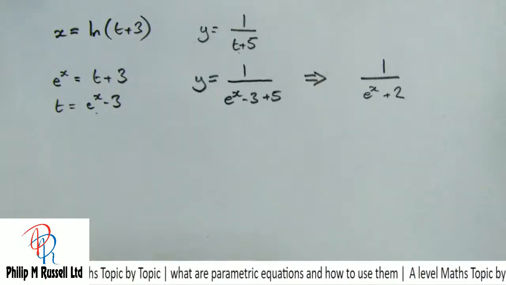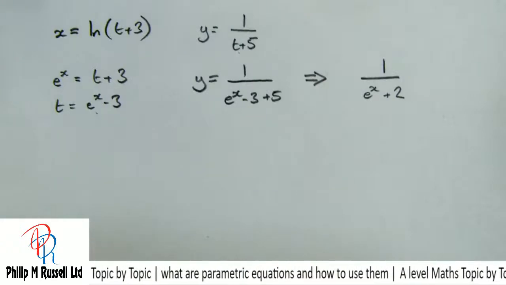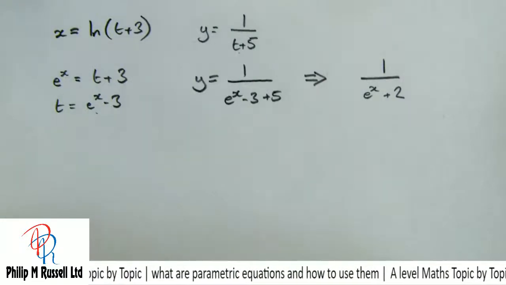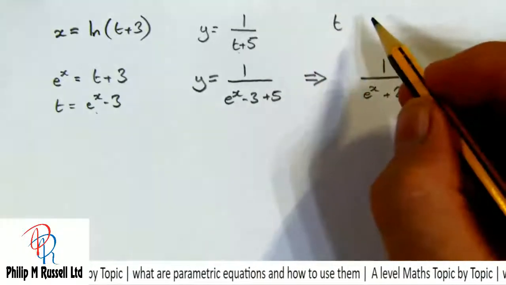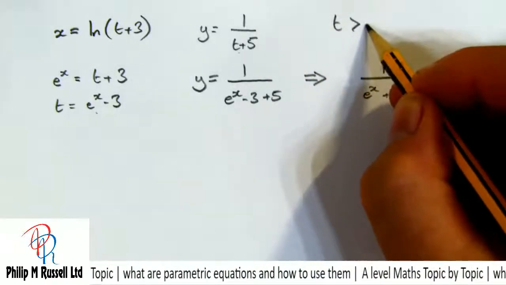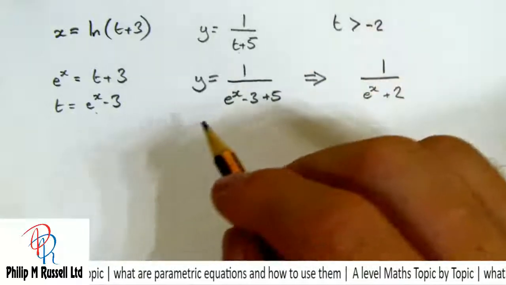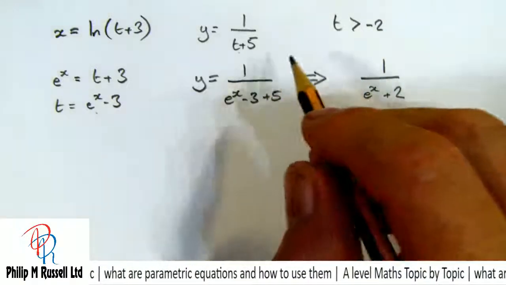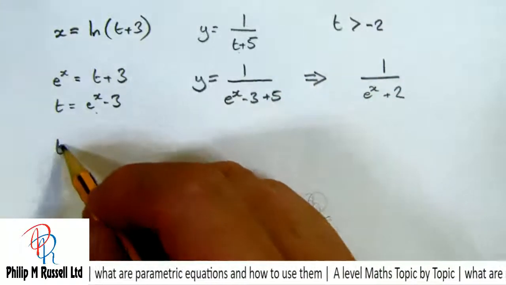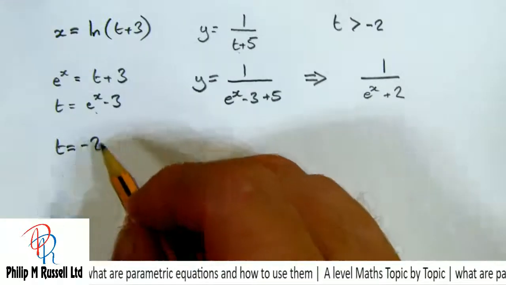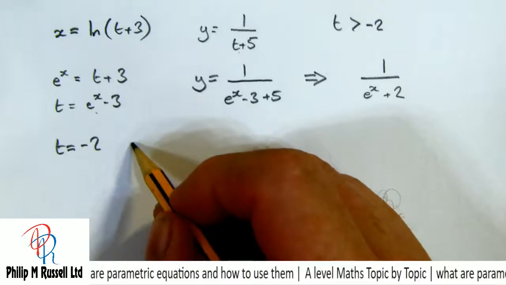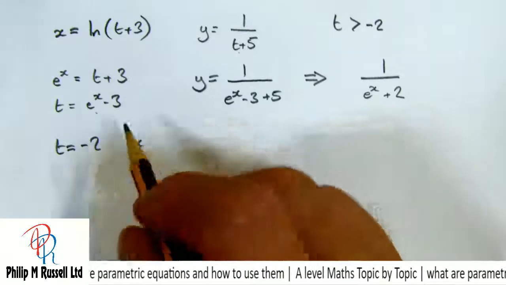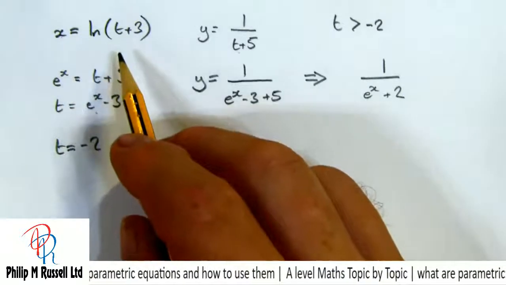So let's see what we might have here in a particular range, and we might be told here that t is greater than minus 2. So if we know that, then if I say that t is going to equal minus 2, what are we going to get? So what will x be in that case?